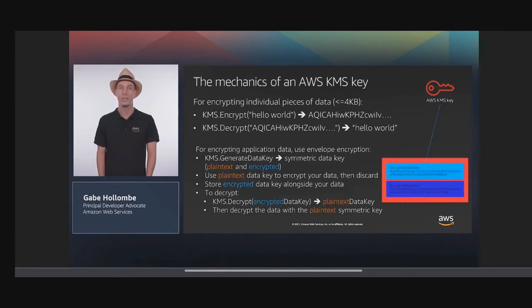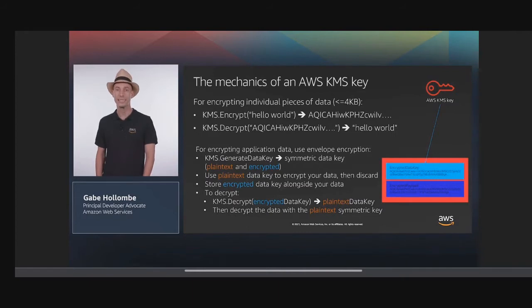But you also don't need to do this at all, even for small chunks of data. For example, if you're using Amazon S3, our simple storage service, to keep some data, and you want to encrypt it, you don't need to encrypt it yourself in 4 kilobyte chunks. Instead, KMS tightly integrates with many AWS services, including Amazon S3, to make this process much easier using something called envelope encryption.